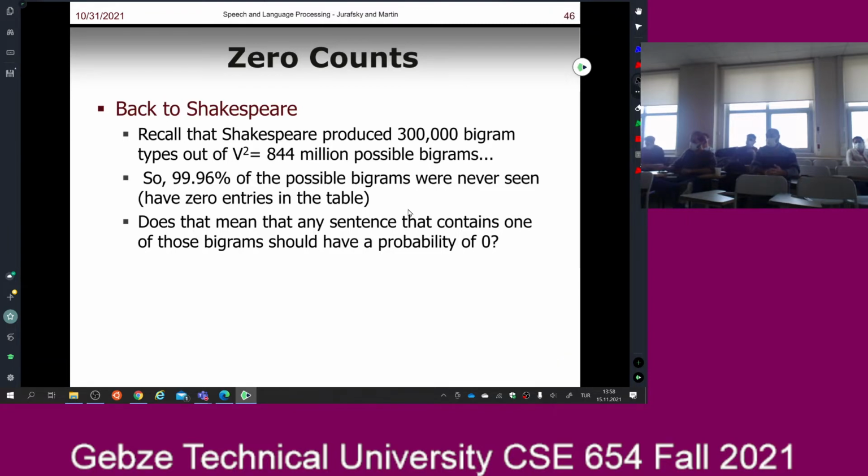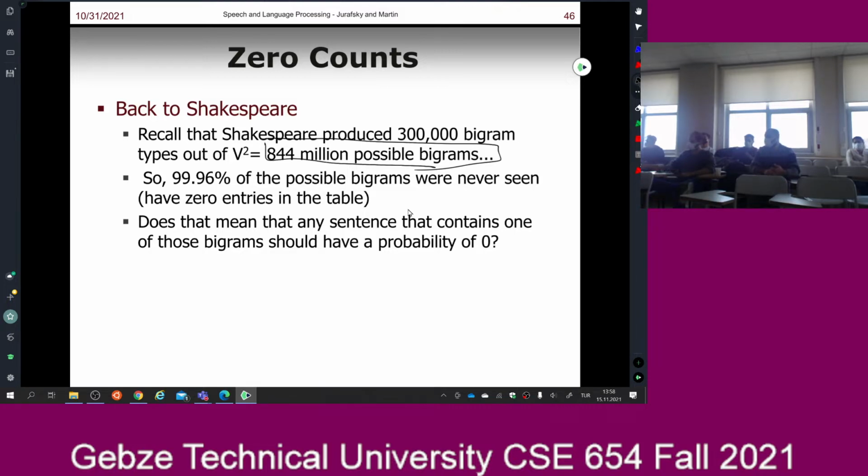Shakespeare produced almost 300,000 bigrams out of 844 million possible bigrams. So in English, in his time, this many bigrams were possible, but he used only 300,000 of them. What does that mean? All the rest are not possible to use. They are not meaningful. Of course not.